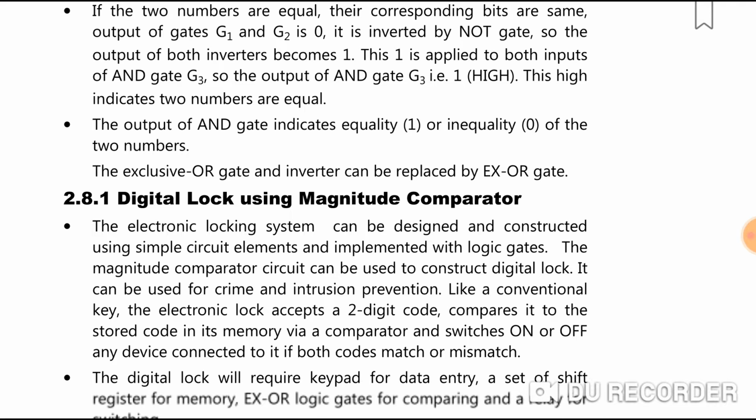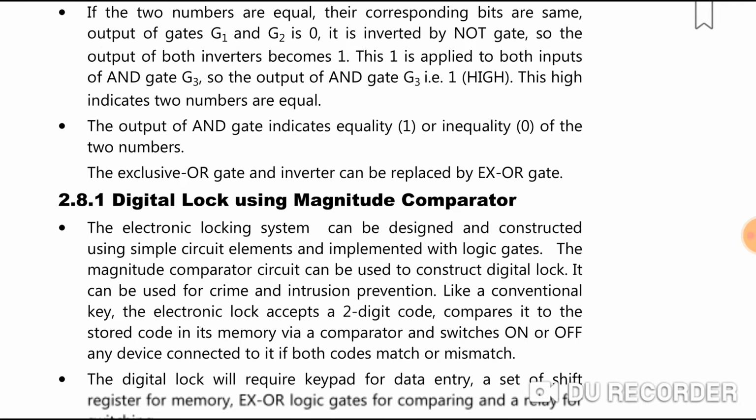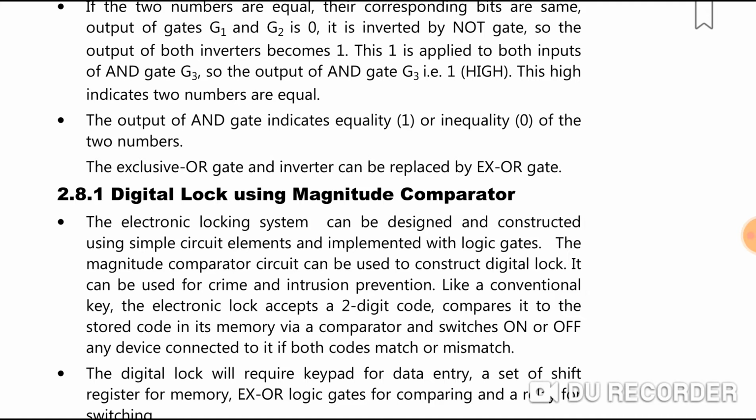This 1 is applied to both inputs of AND gate G3, so the output of AND gate G3 is 1, high. This high indicates the two numbers are equal. The output of the AND gate indicates equality 1 or inequality 0 of the two numbers. The exclusive OR gate and inverter can be replaced by an XNOR gate.